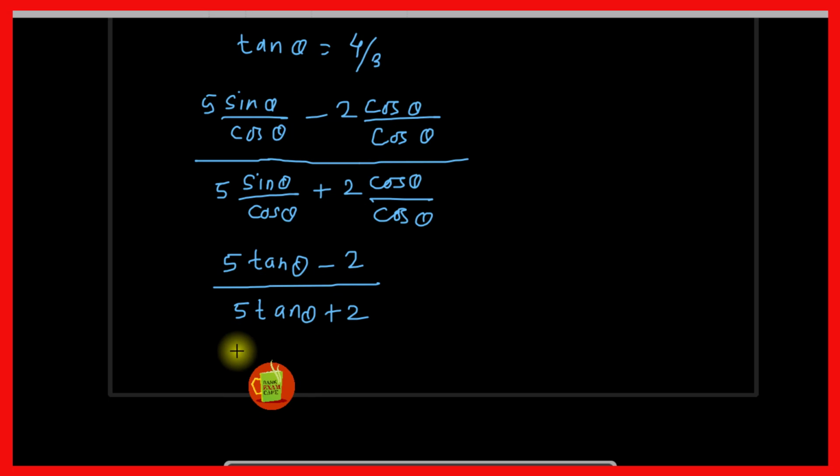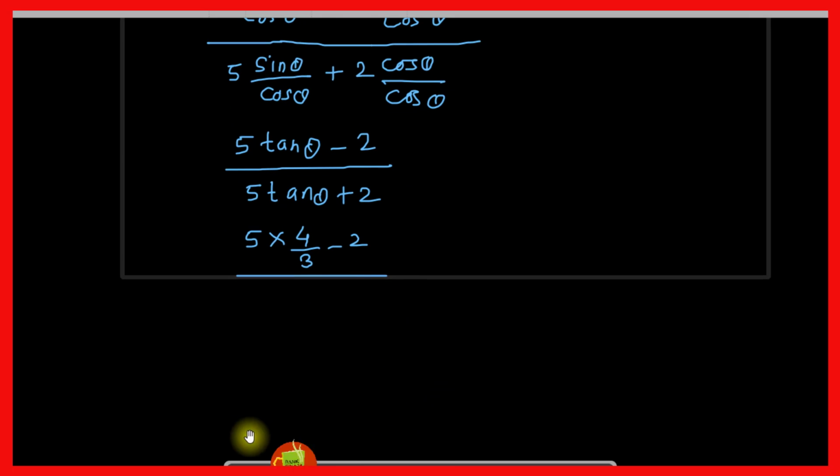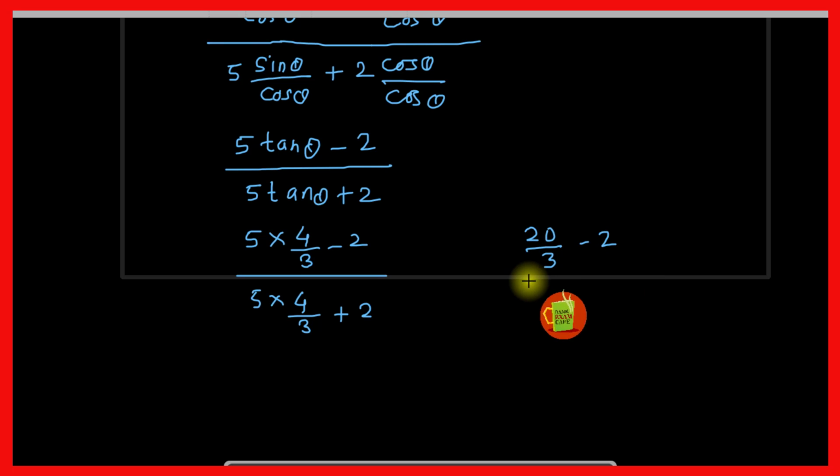Put the value of tan theta here as 4 by 3, so 5 into 4 by 3 minus 2 upon again 5 multiplied by 4 by 3 plus 2, and therefore this will be 20 upon 3 minus 2 upon 20 upon 3 plus 2.